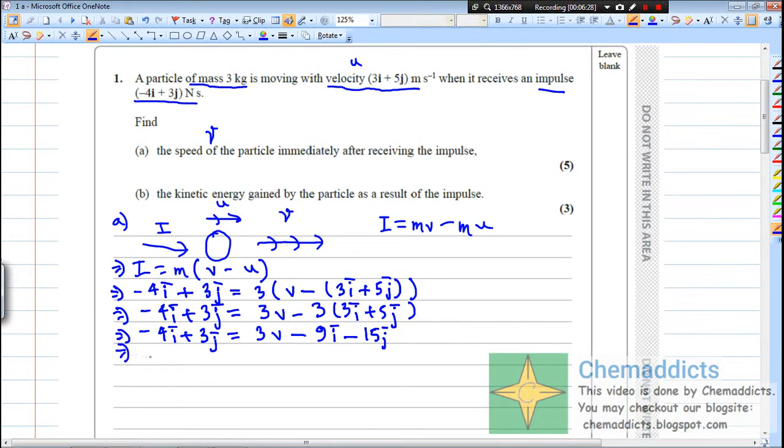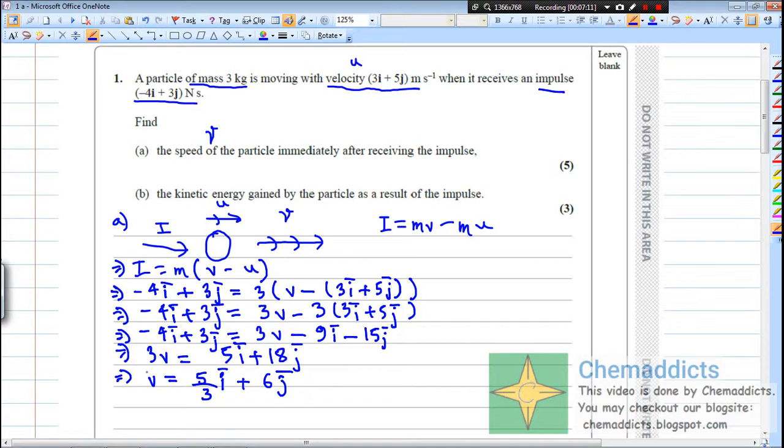If we make v the subject and simplify, we will end up with something like this, 5i plus 18j. So now let's make v the subject, and it will end up like this: 3 by 5 i plus 6j.